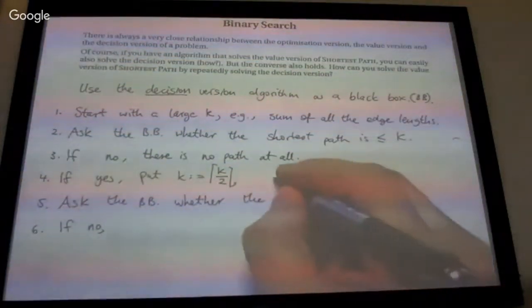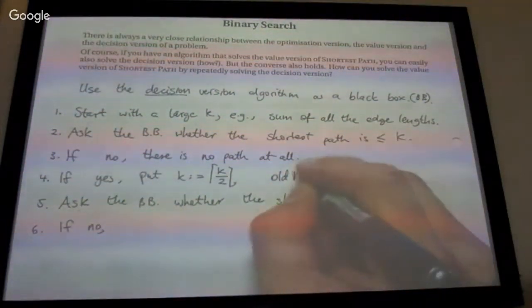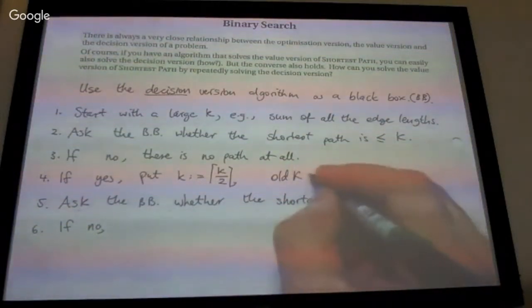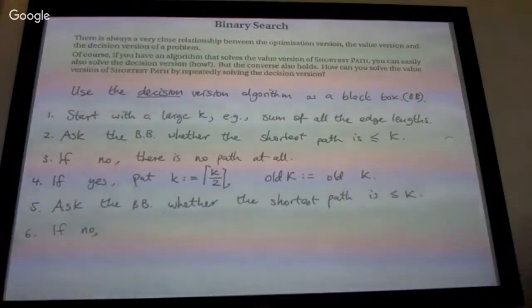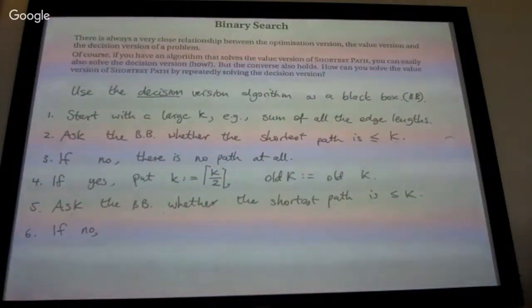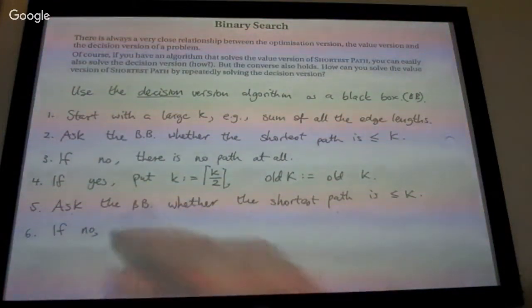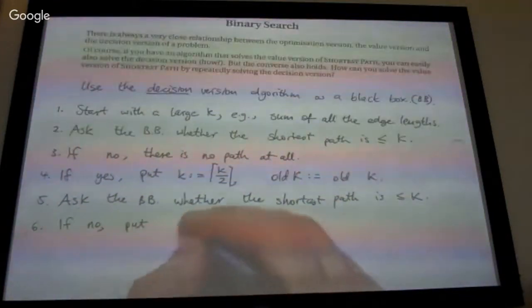Okay, this is not how you would write the algorithm, I didn't prepare it written out. Sorry. So if no, you want to go up.